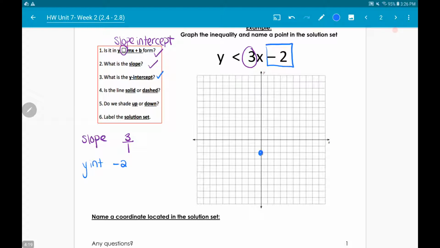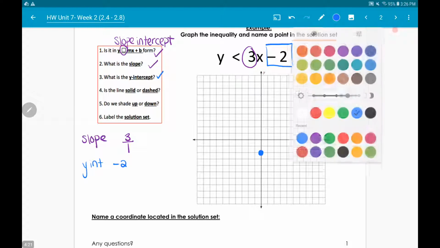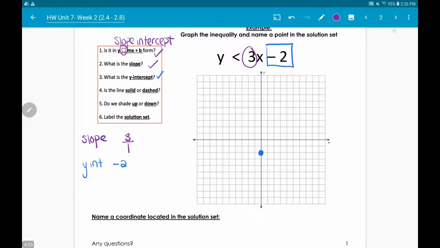Okay, so I'm going to start there and plot those points before I continue asking myself those questions. So my y-intercept is -2, so that starts on my y-axis. And then my slope tells me that it's going to rise 3, and it's going to move to the right 1 space. Now, if I don't know those rules, I can actually go ahead and plug this into my calculator and just get a table. But in my calculator, I would have to do the equals.